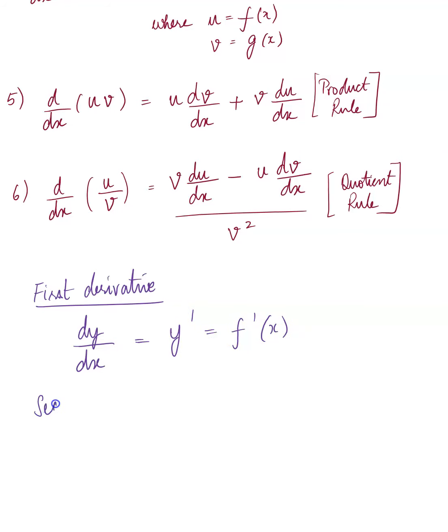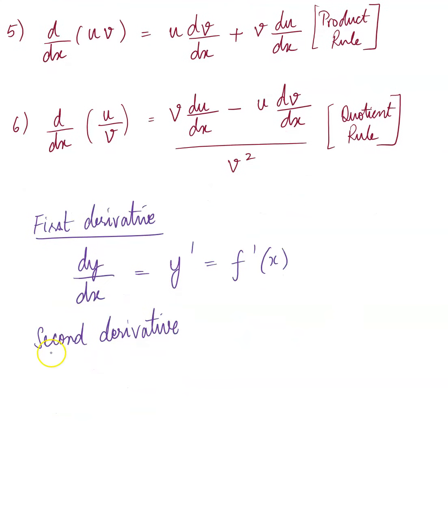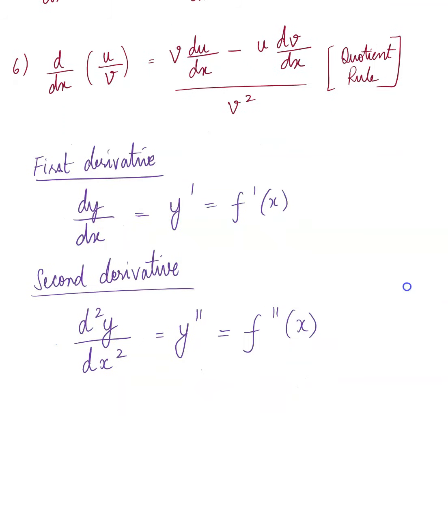And then if it's the second derivative, meaning you found the first derivative, which is dy over dx, and if you took the derivative of it again, then that is written as d squared y over dx squared. Okay? On the top, the 2 is in between the d and the y. In the bottom, it is outside the x. Y double prime, or you can, if you write in the f notation, f double prime of x.